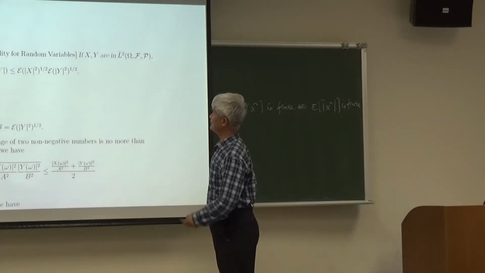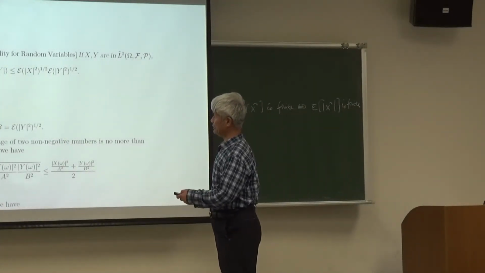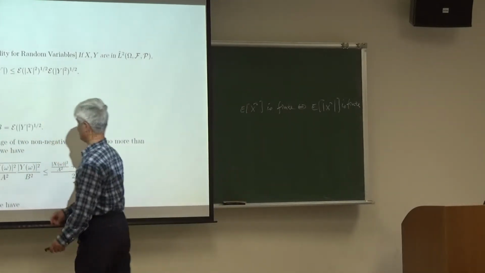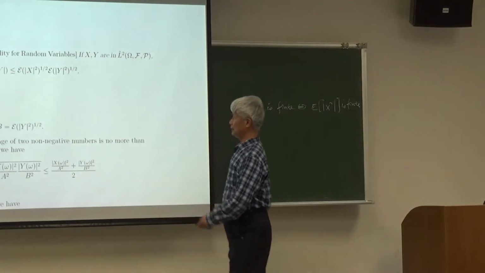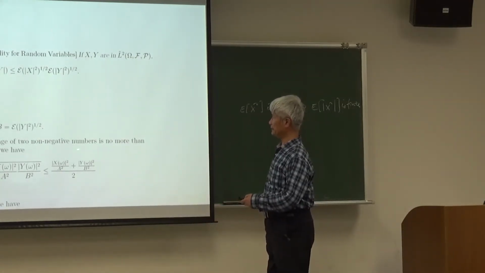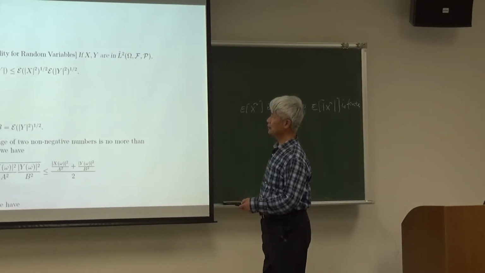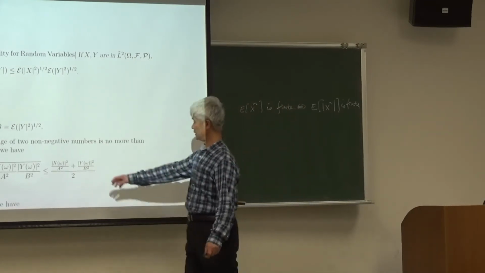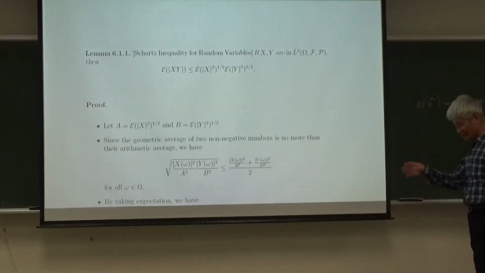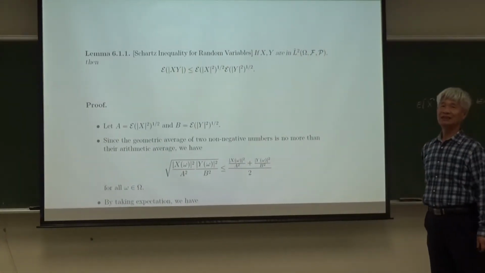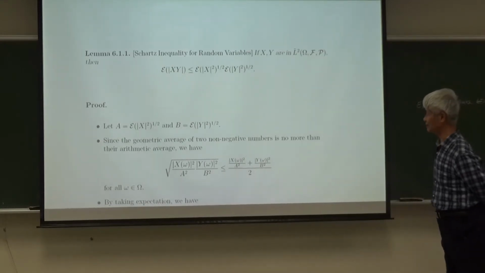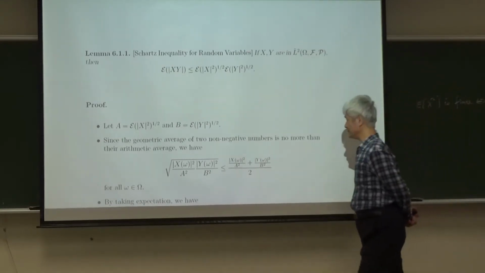Okay. So now, let A be this quantity, and B be this quantity. Okay, and we know the geometric average of two non-negative random variables is no more than the arithmetic average, right? This is the basic Cauchy inequality, the one we learned in middle high school.